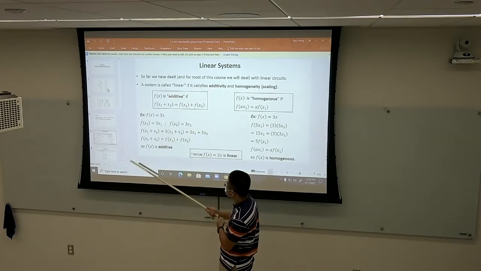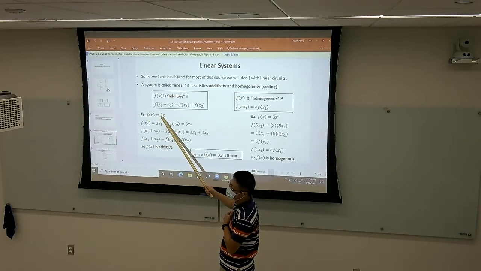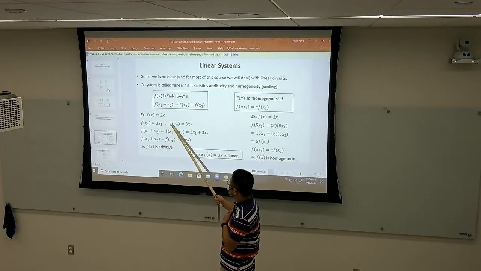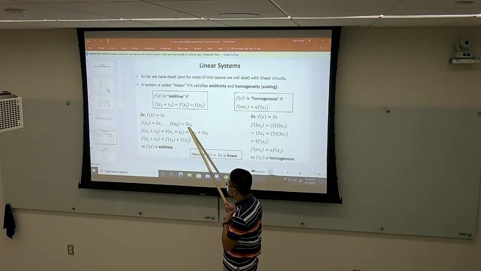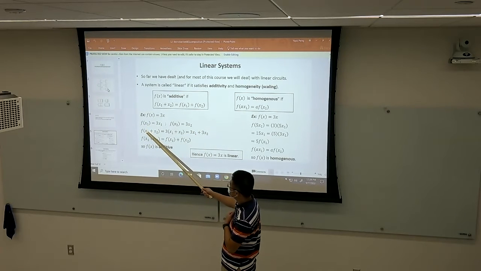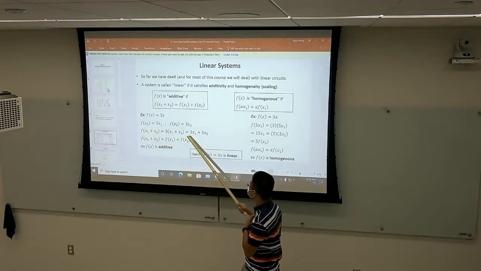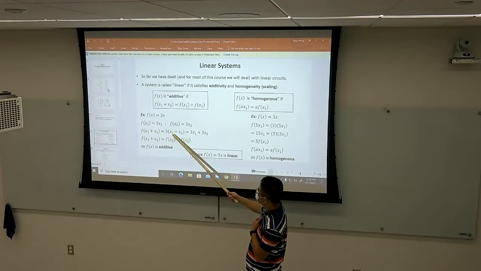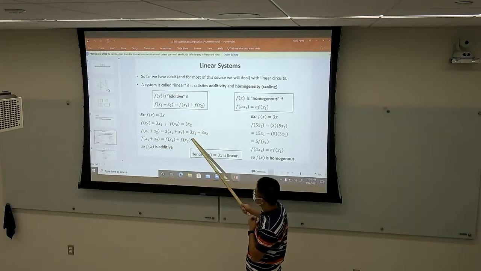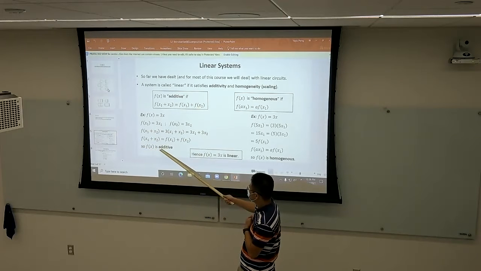An example: assume the function is f(x) equals 3x. For x1, we have 3x1. For x2, we have 3x2. If we put the sum of x1 and x2 in as the input, we get 3 times (x1 plus x2), which equals f(x1) plus f(x2), 3x1 plus 3x2. So f(x) is additive.